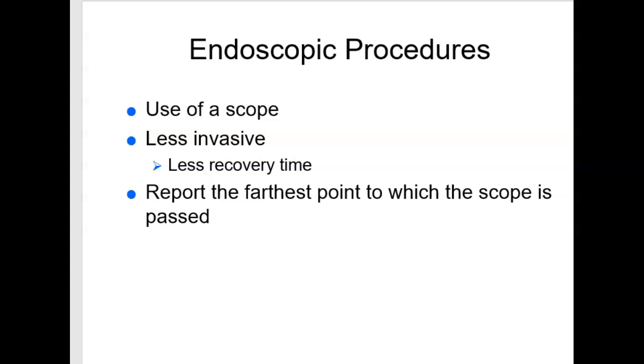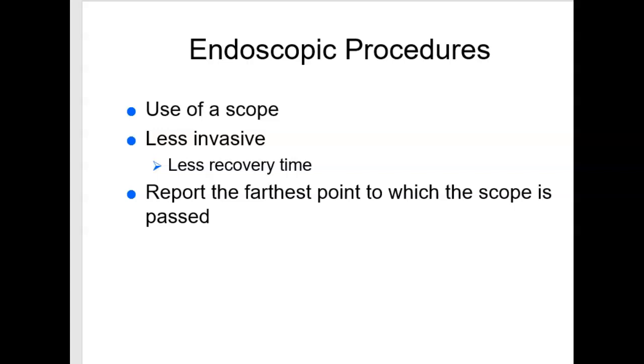The other thing I want to talk about real quick brings in those modifiers. When you do multiple endoscopic surgeries during that same operative session, list the most resource intensive procedure first, and then any subsequent procedures following, you're going to add modifier 51 to each.